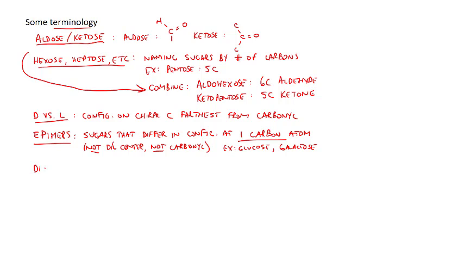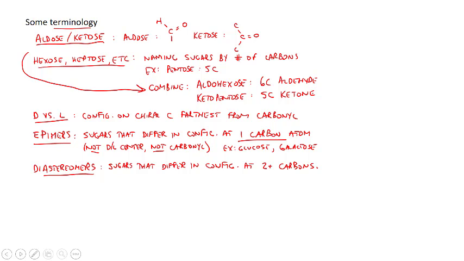Any sugars that differ more than that are said to be diastereomers. And the term means a slightly different thing in carbohydrate chemistry as opposed to general organic chemistry. So these are sugars that differ in configuration at 2 or more carbon atoms. All right.